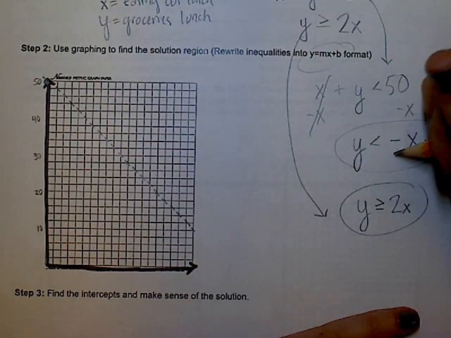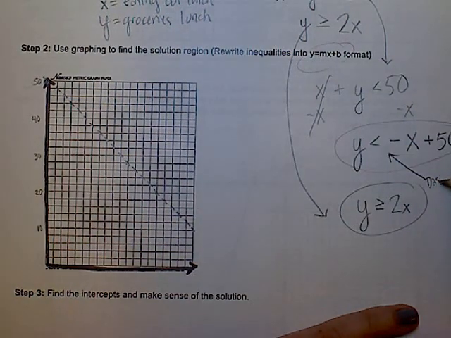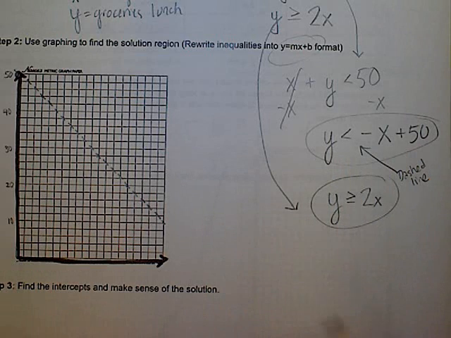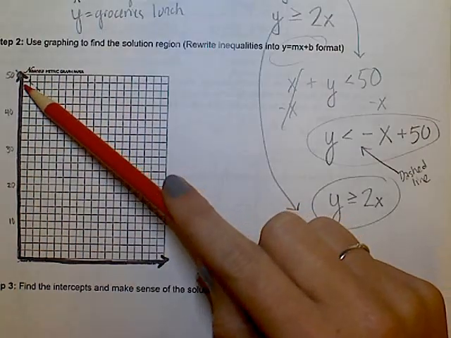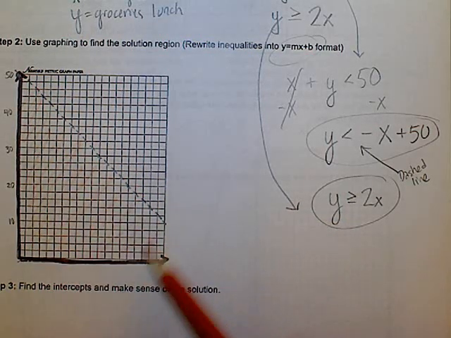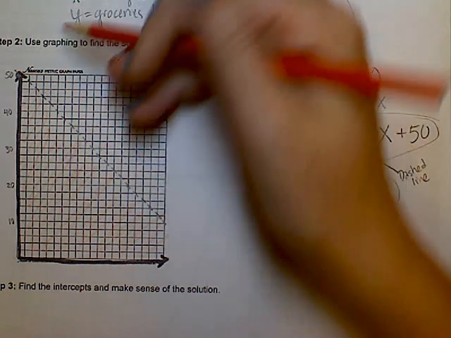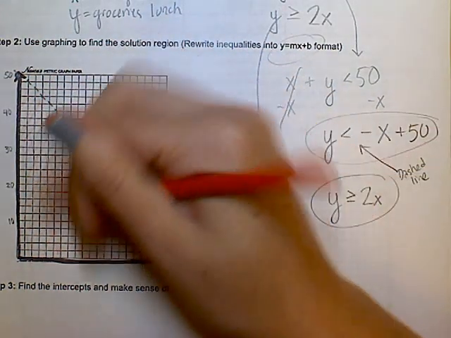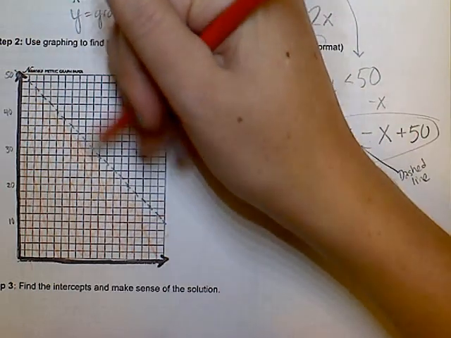Notice I did make it a dashed line because it is less than, it's not less than or equal to, and so when I color this in, I'm coloring everything below. However, that dashed line means that anything on that line is not a solution. It's just everything that's below it.